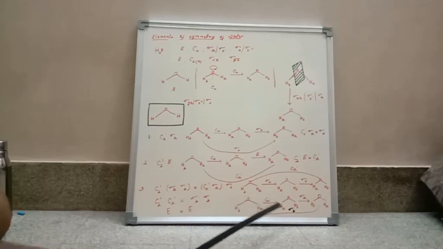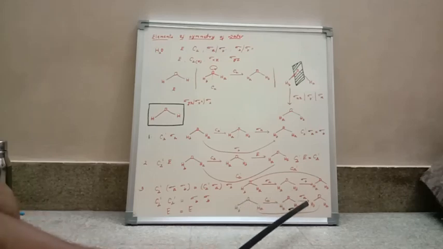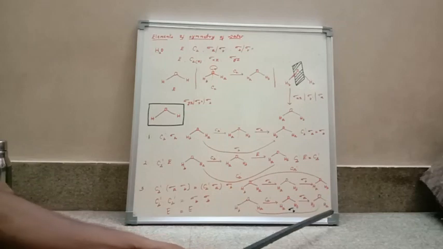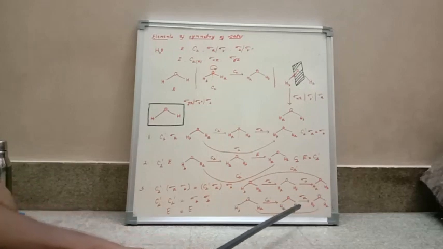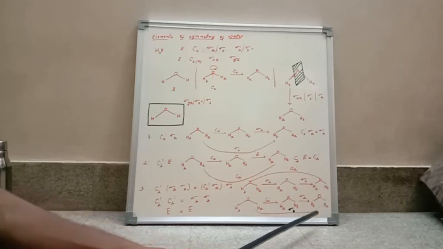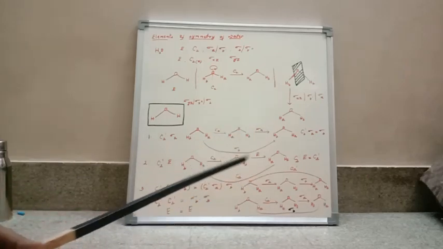That is, C21 is nothing but A and B getting interchanged. Then when I apply sigma A, what happens? These two get interchanged, that is, B gets interchanged with A. This can be performed by a single operation, sigma B.